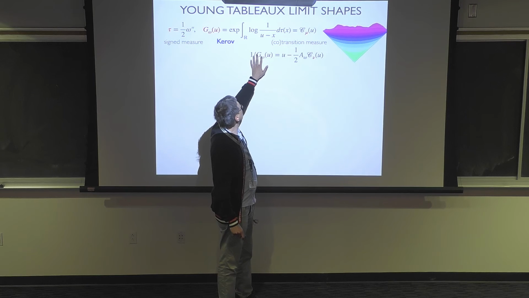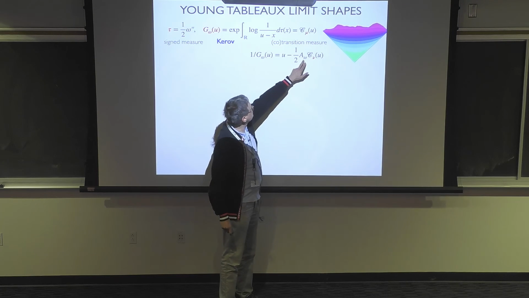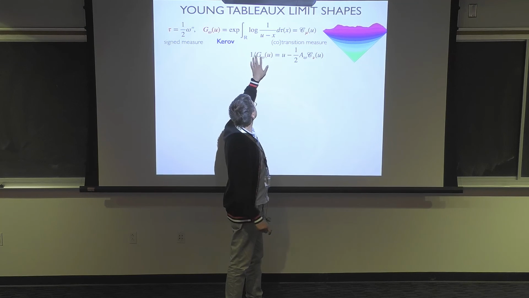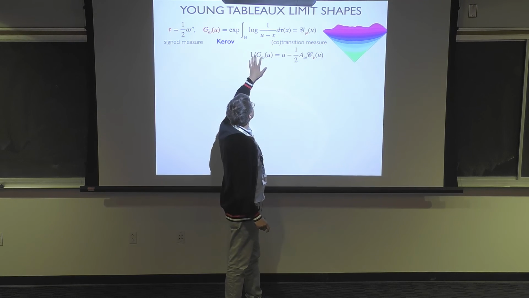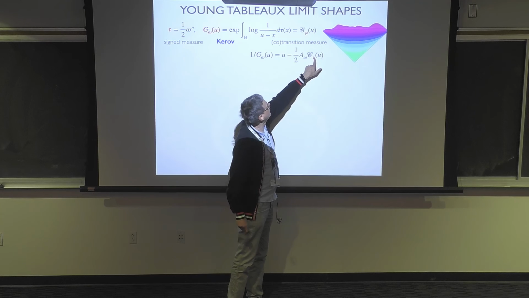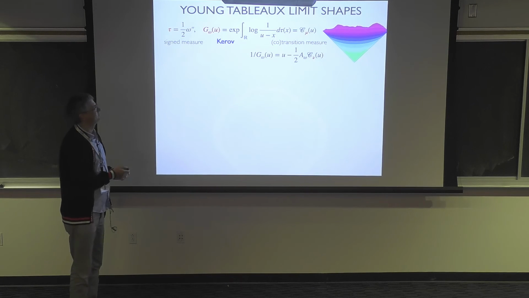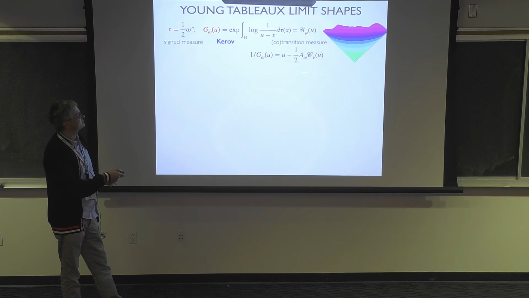For that, there is also the area of the diagram appearing, and then the reciprocal of this g is equal to some other measure appearing, the co-transition measure, and its Cauchy transform.